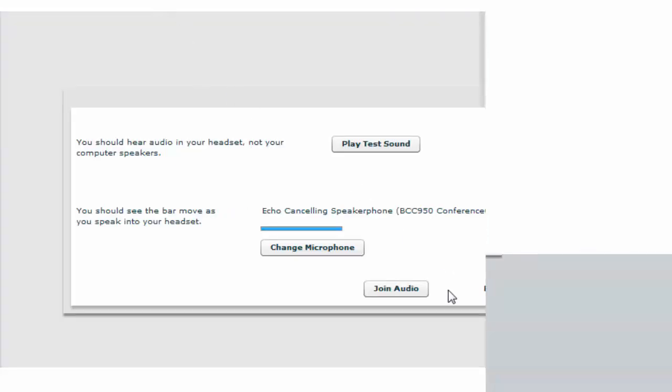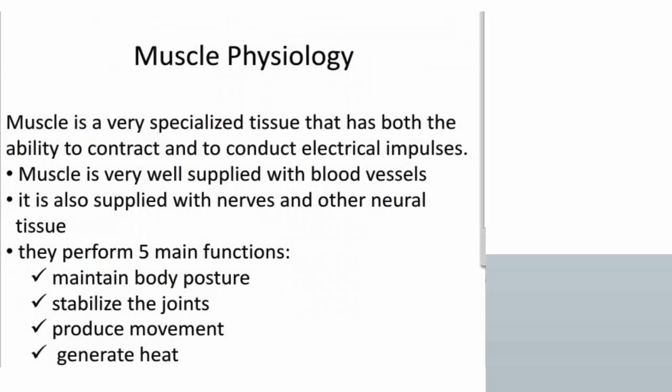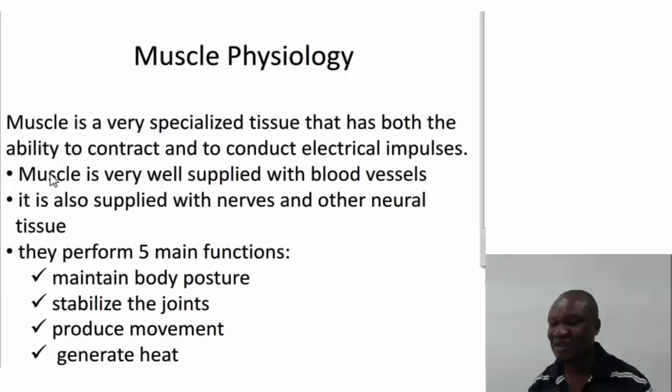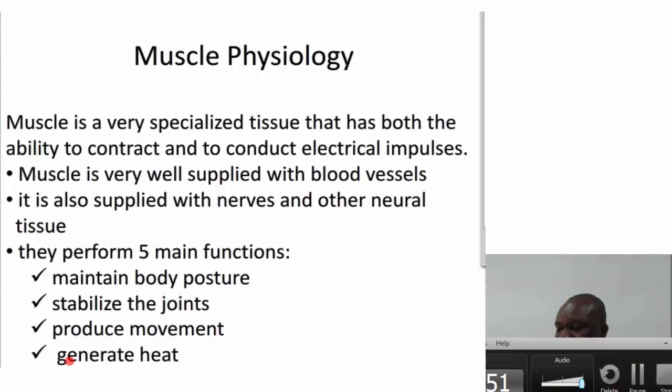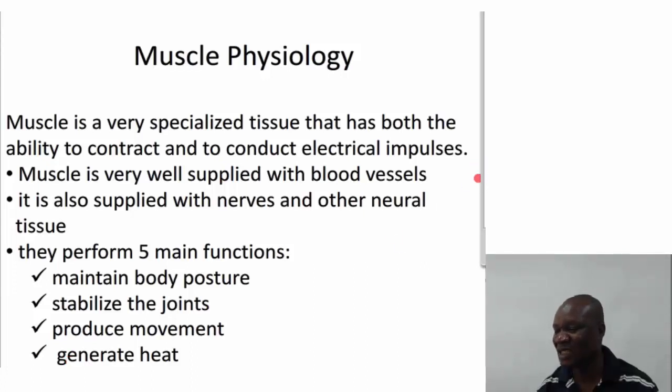Today we're going to look at the muscle tissue. Now, the muscle, in addition to being an excitable tissue, is contractile in function. So when it's excited, it contracts.